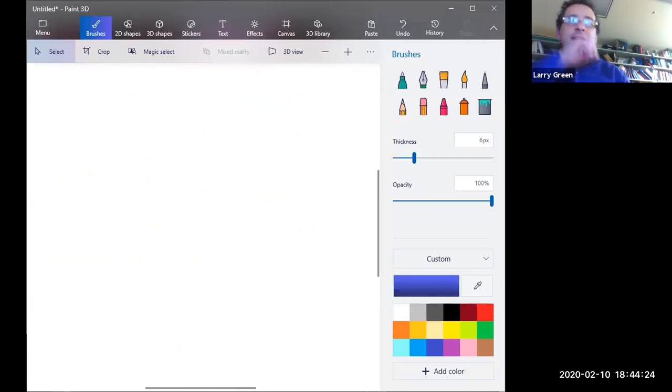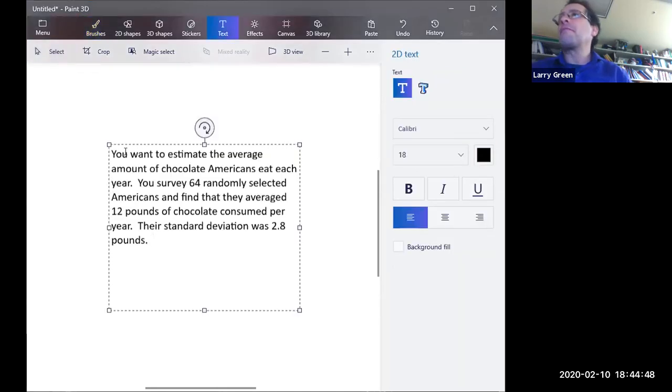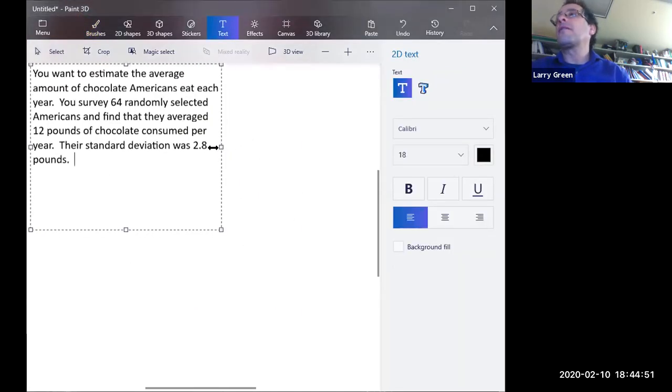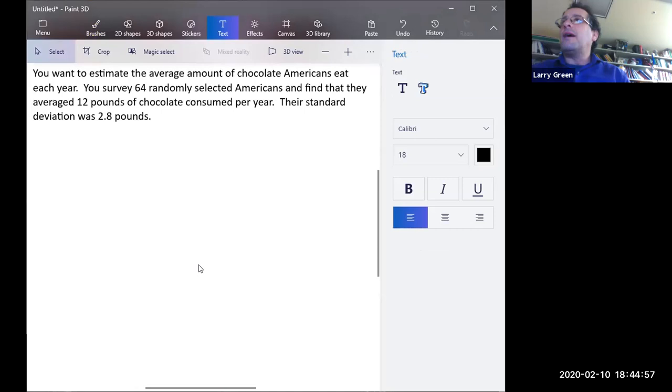Okay, now I'm going to give you an example. Let's suppose that you want to estimate the average amount of chocolate Americans eat per year.